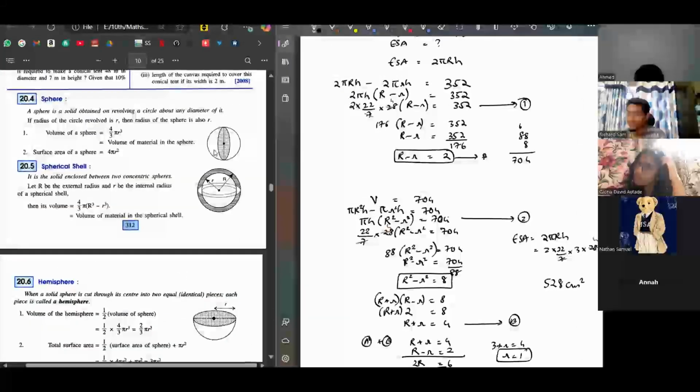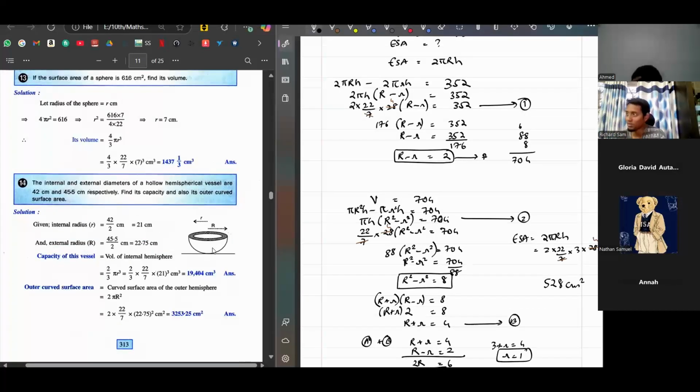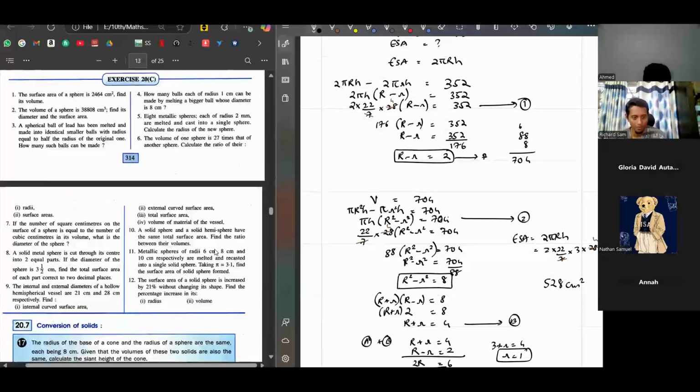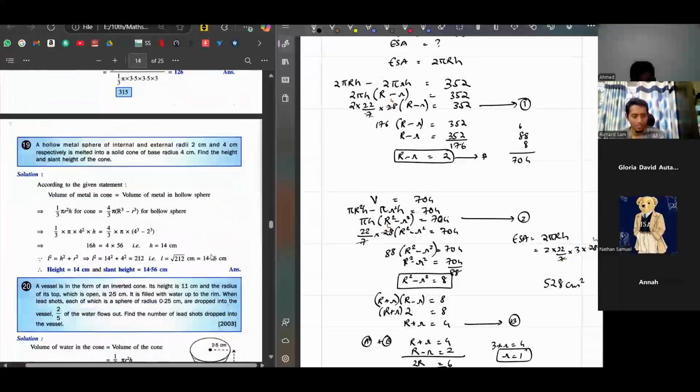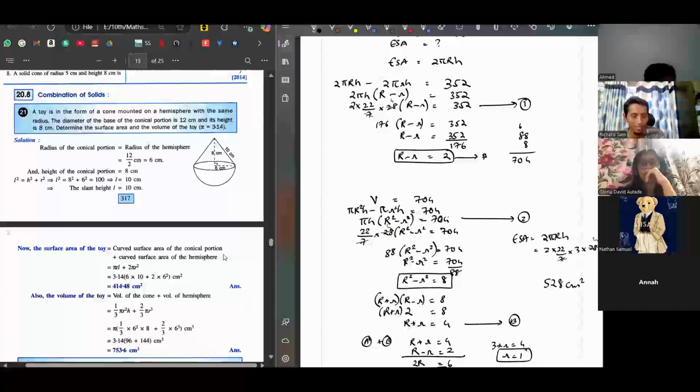Sphere also, there are different types of sphere. You have a hemisphere, then you have a hollow hemisphere. So again, just formulas are there, but the concept is the same as what we've been doing. Then they normally mix two solids. Either you melt a sphere and make it into a cone, or you join two or three different shapes together and make a different shape.